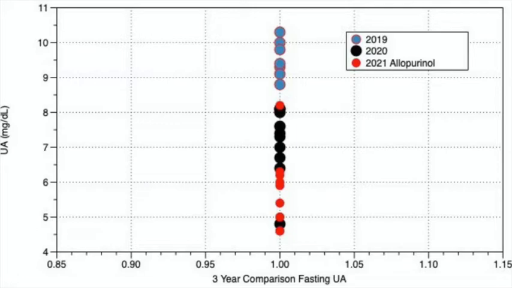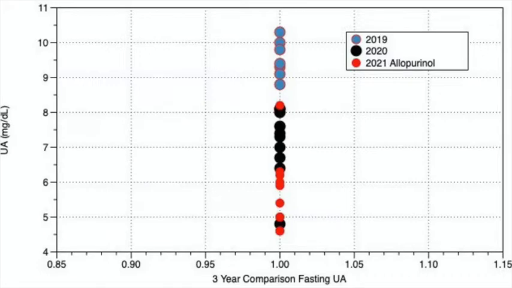Next, in the middle of the data, you can see a new cluster. This was a quantum shift that happened in 2020, so during my second year in the ketogenic lifestyle. And the average value of uric acid in that cluster is between 6 and 8 mg per deciliter.